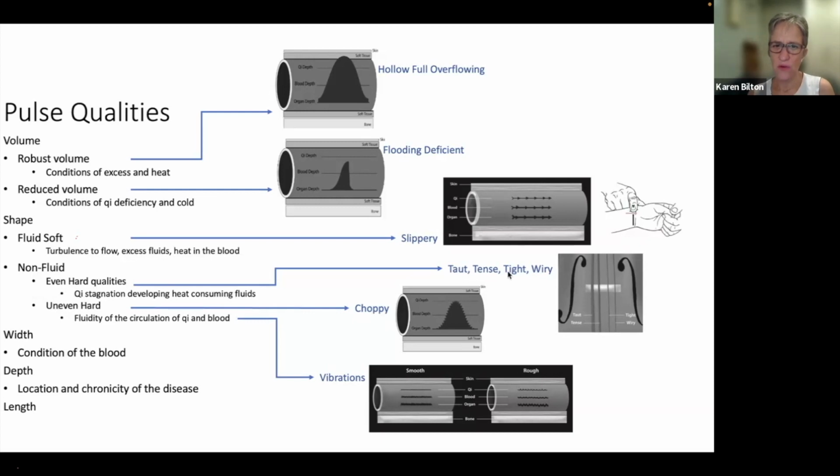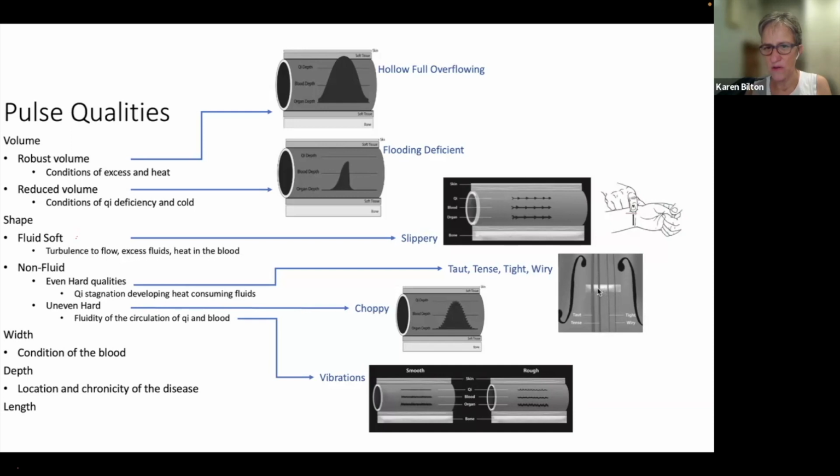So that's our taut, tense, tight, and wiry. Dr. Hammer used to have the analogy of the violin, but clearly the taut is much wider than any violin string. But it gives you the idea that as there's qi stagnation, the pulse gets a little bit wider and builds up a little bit of tension. That's our taut quality.